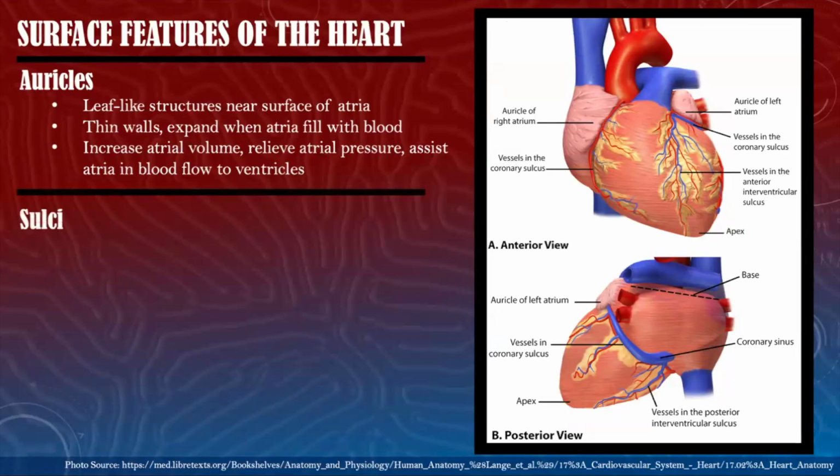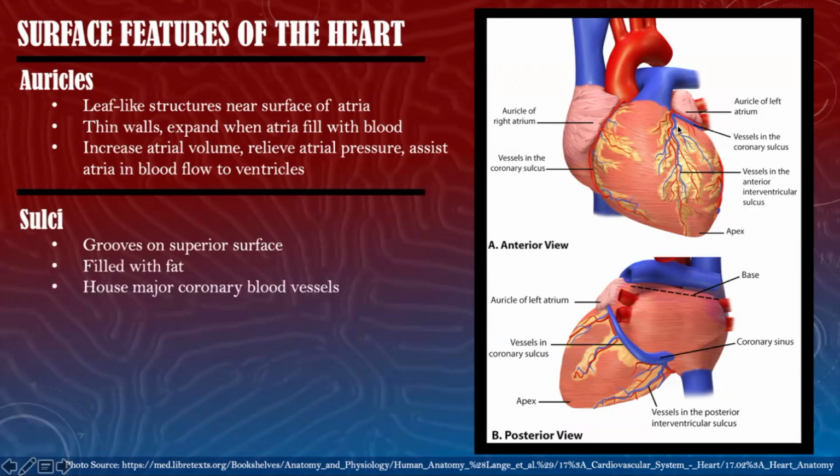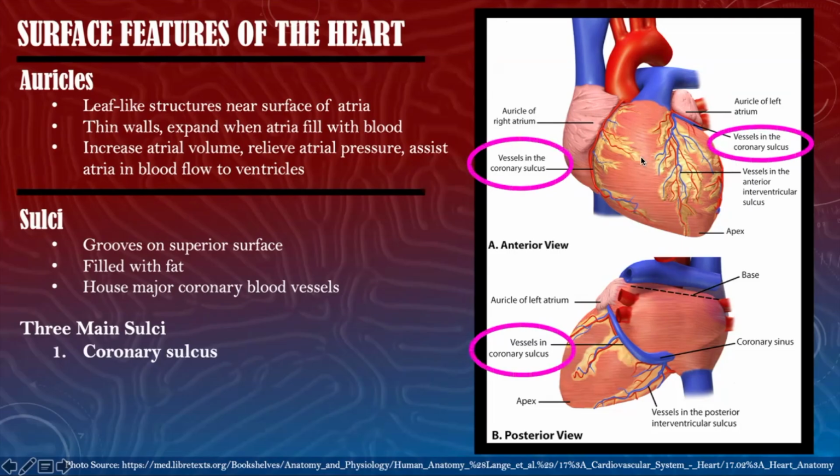Next, we have the sulci, which you can see here. They're the grooves on the superior surface of the heart filled with fat, and they house the coronary blood vessels, which are all pictured in red and blue here. There's three main sulci, the coronary sulcus, which you can see outlined here.